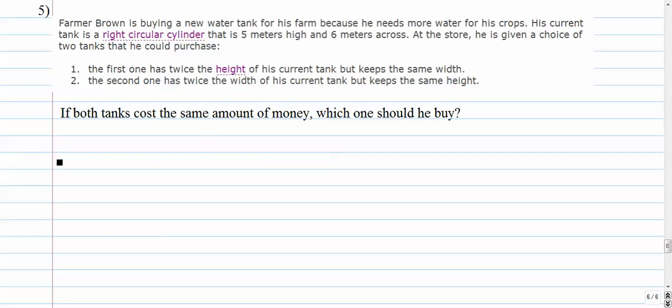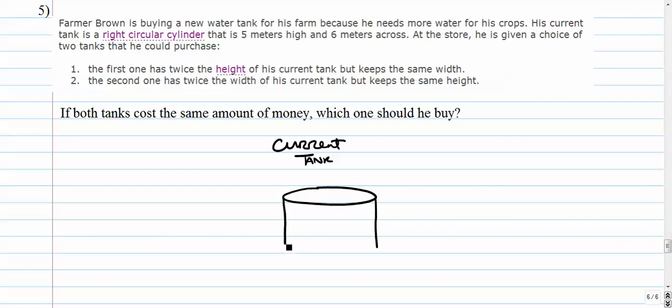Okay, so let's draw a picture of his current one. His current tank is 6 meters across and 5 meters high. So it looks something like this. 5 and 6. Option one is a tank that has twice the height and the same width.